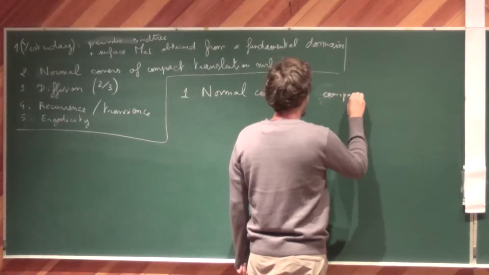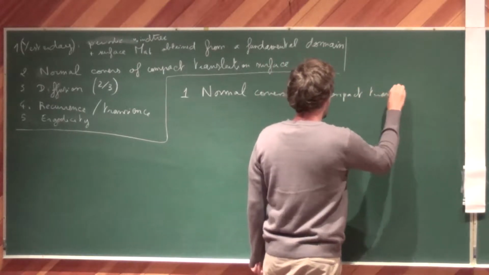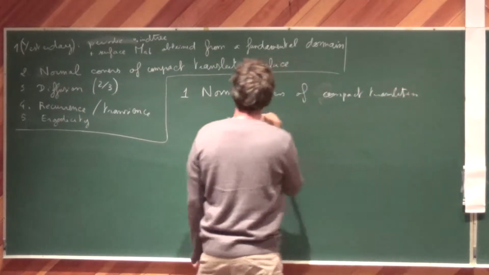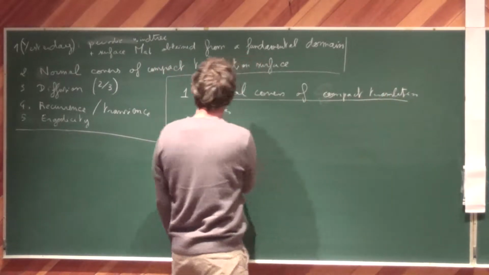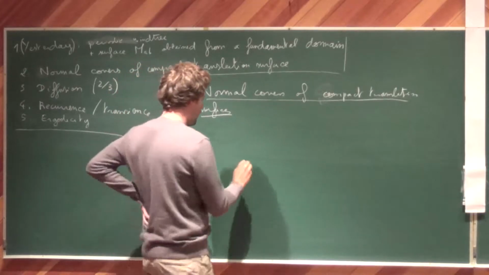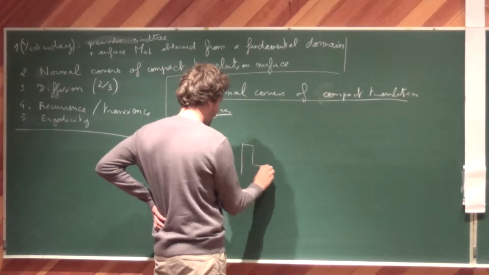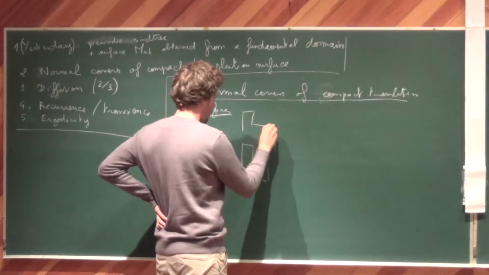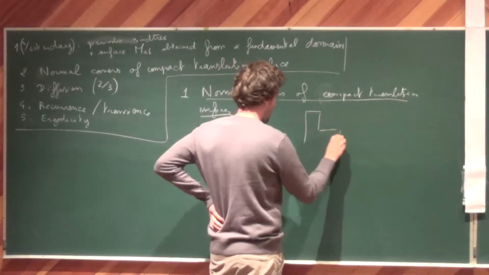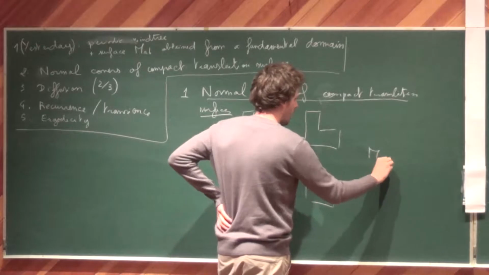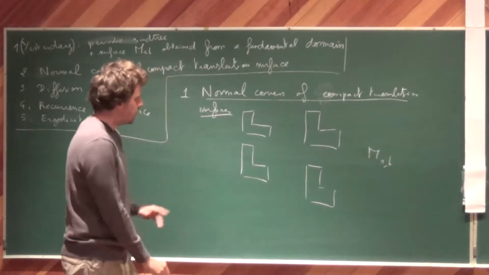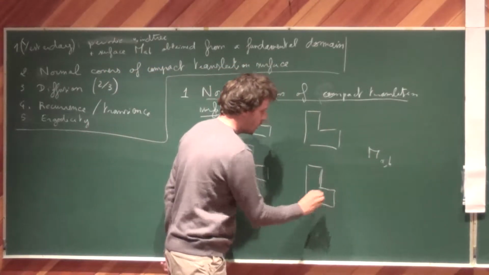Compact translation surface. So if you remember the Winfrey model, you have this surface MAE. And the question is, how do we pass from this MAB to the Winfrey model?